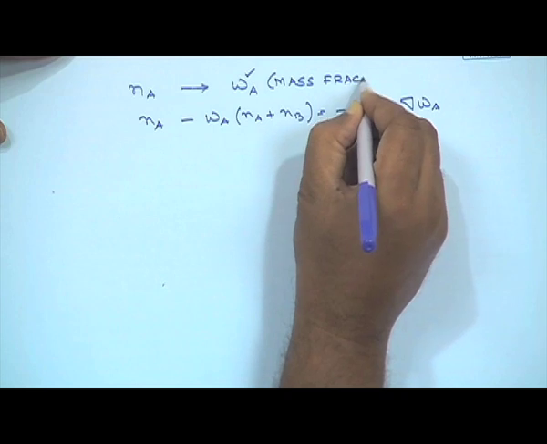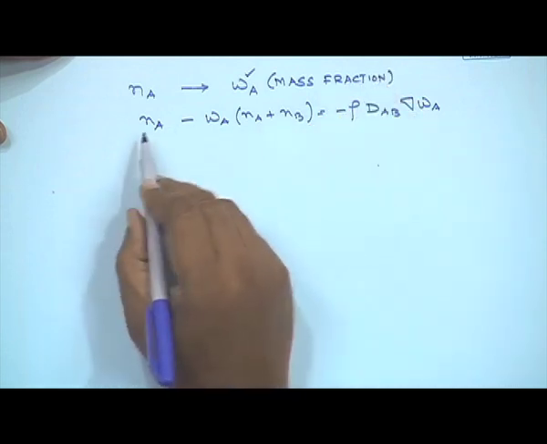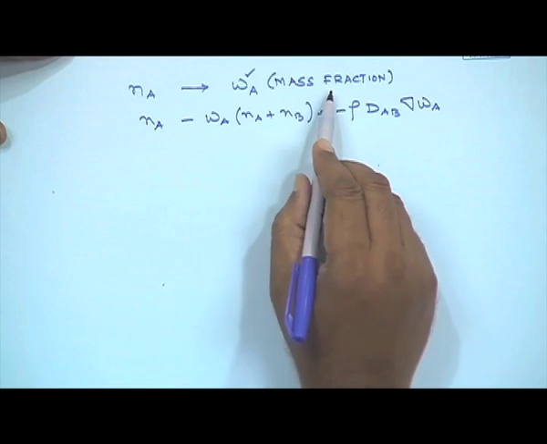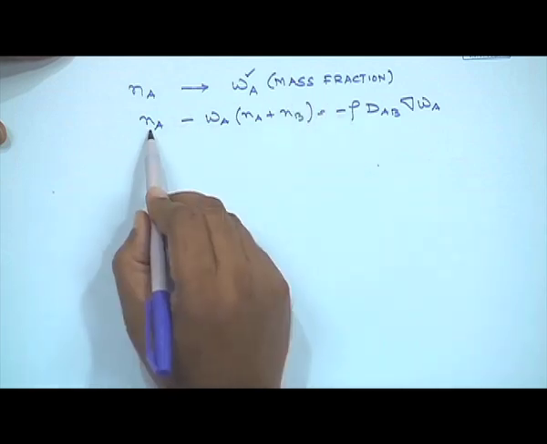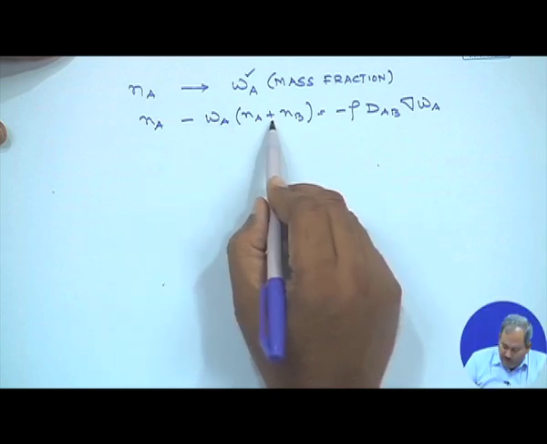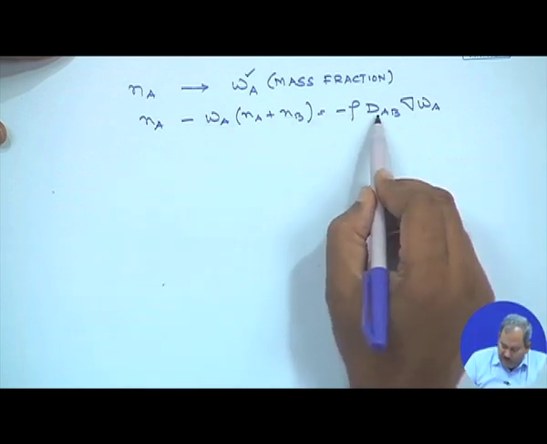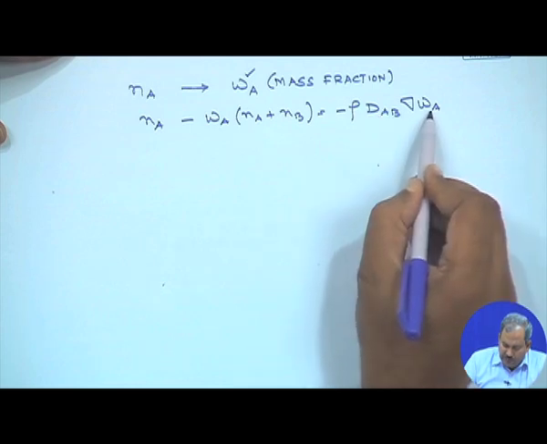We are writing the generalized Fick's law in terms of mass fraction. This is mass flux, mass fraction, mass flux, constant density, dAb, and mass fraction again.